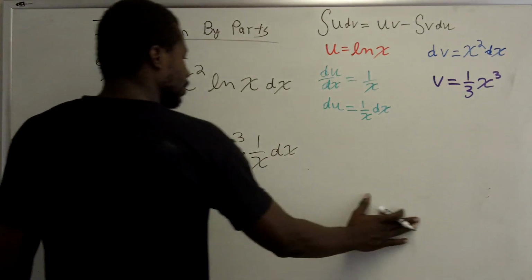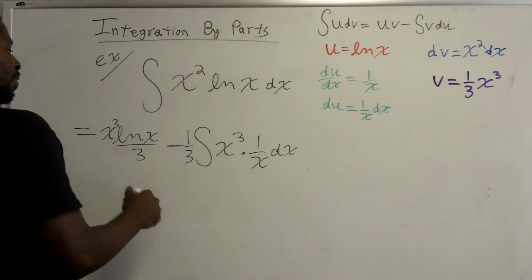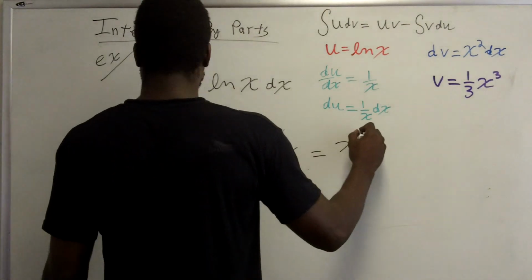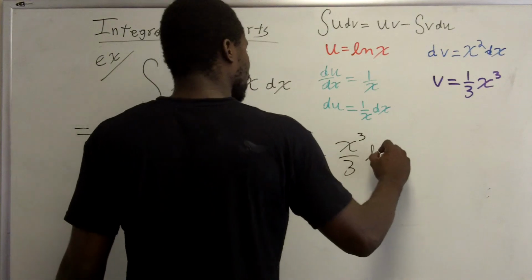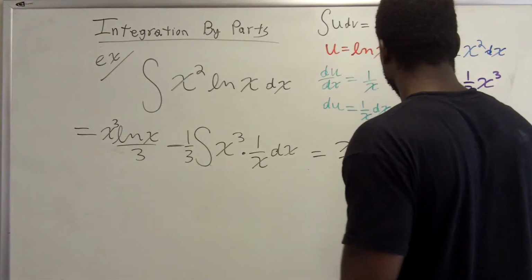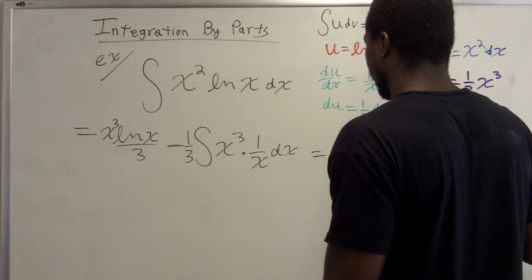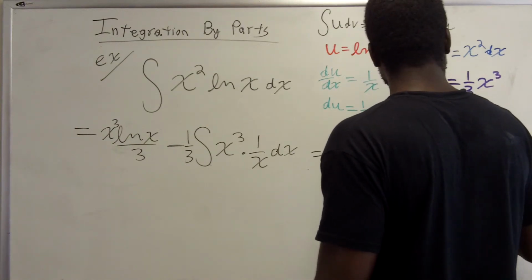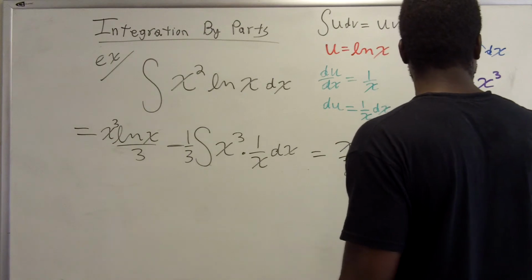So this turns into, well, I have here x cubed ln of x over 3, and then this is minus 1/3 of the integral of x squared dx.